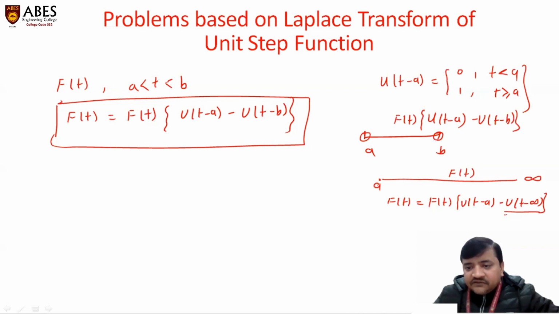But the value of u(t minus infinity) will always be 0, because u(t minus a) is 1 only when t is greater than a. So if in place of a we put infinity, u(t minus infinity) would be 1 only if t is greater than infinity, and you know nothing may be greater than infinity. So this expression may simply be written as f(t) into u(t minus a).